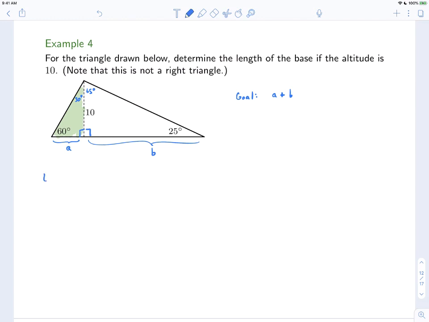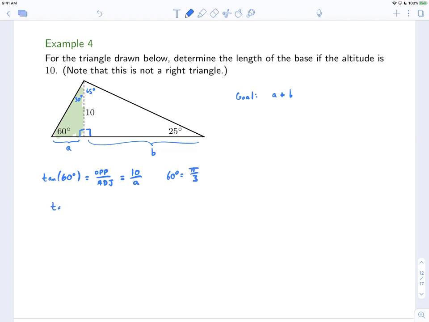So tangent of 60 degrees is equal to opposite over adjacent, which in this case is 10 over A. Now 60 degrees is pi over 3.